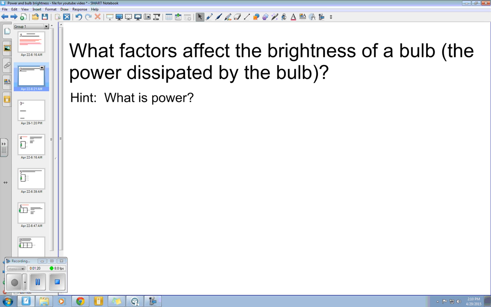What is power? We studied power when we were studying energy, and we remember that power is equal to energy divided by time, like a change in energy over a change in time. Now, energy as it pertains to electrons is Q times V, where V is your potential difference or your voltage, and we can put a delta V there.